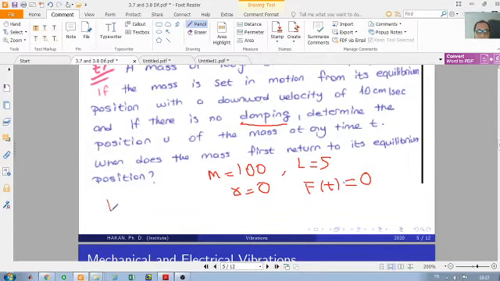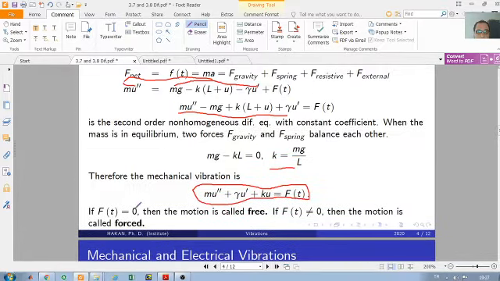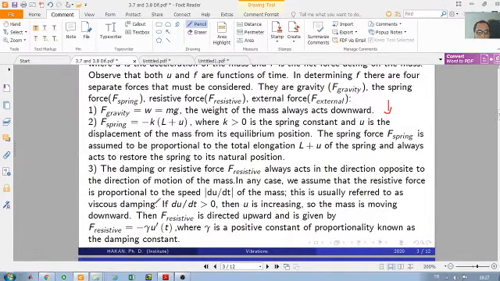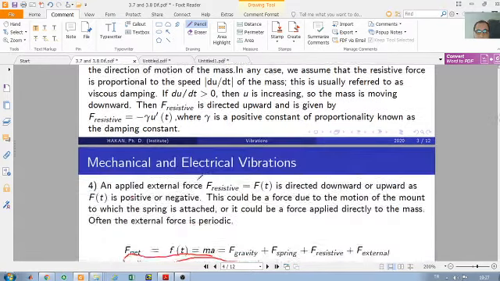And we can find the constant k, which is the spring constant.